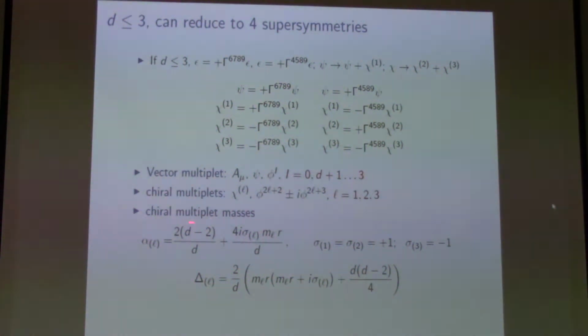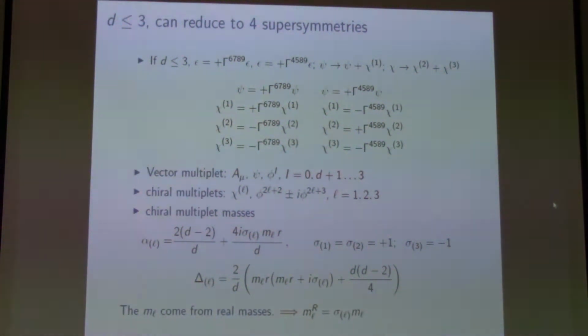And since we only have 4 supersymmetries, we're allowed to tinker even more with these alphas, and we can give individual masses for the different chiral multiplets here. And so we modify this alpha and this delta accordingly.